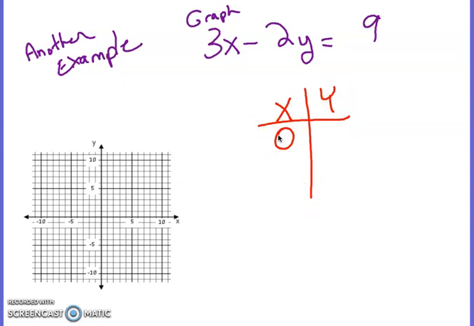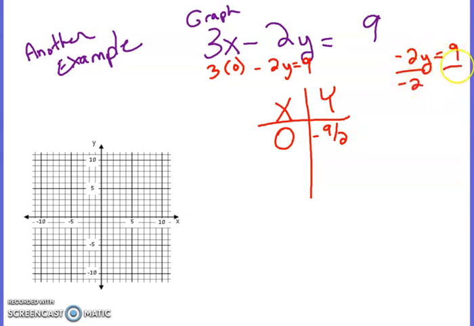If I plug 0 in for x, you literally put a 0 right there. And then you solve for y, you're going to end up getting -9/2. So 0 times 3 is 0, so you have -2y equals 9, divide by -2, so I got -9/2, or -4.5 if you want to think of it as a decimal.